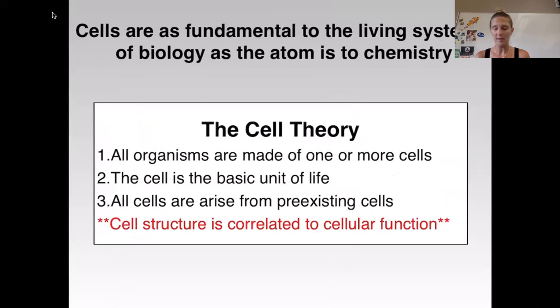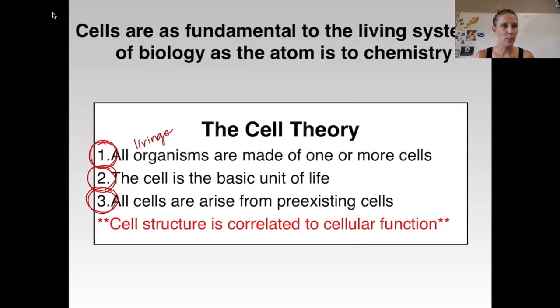And the cell theory, hopefully I'll have time to play the song in class, there's a really cool song about this, is the following. One, all organisms are made of one or more cells, all right? All living organisms are made of one or more cells. The cell is the basic unit of life, and all cells arise from pre-existing cells.